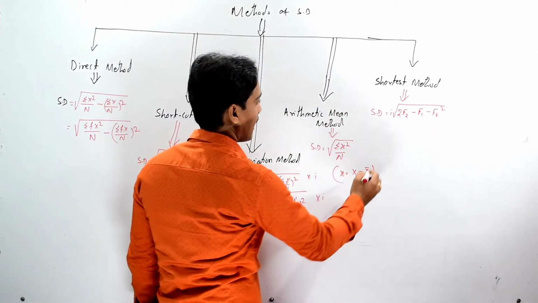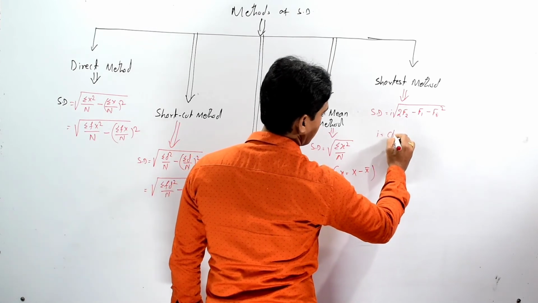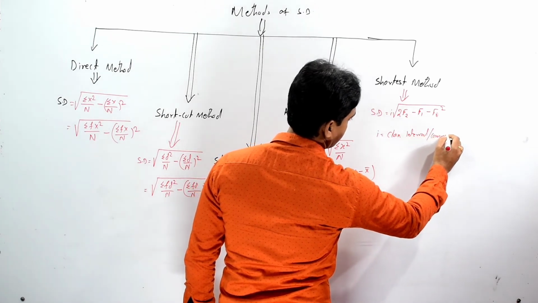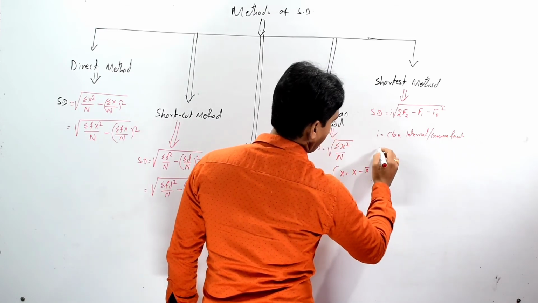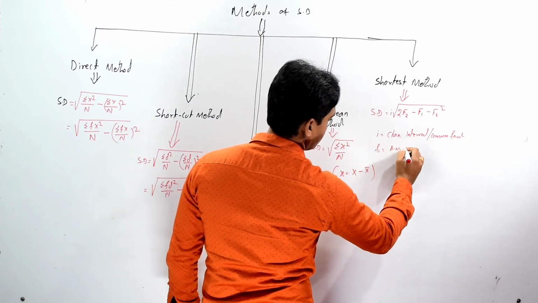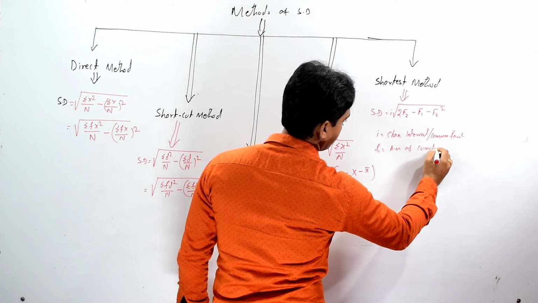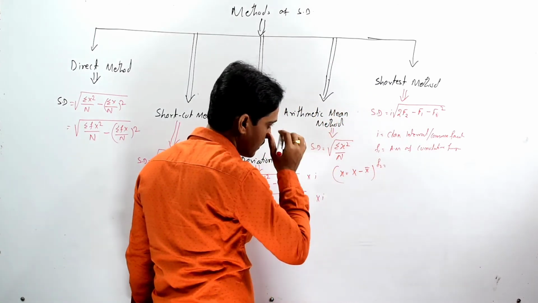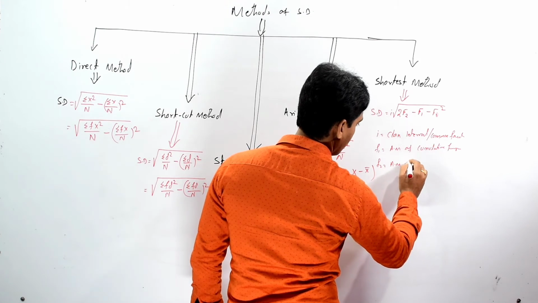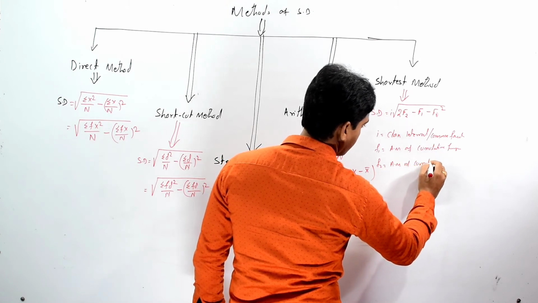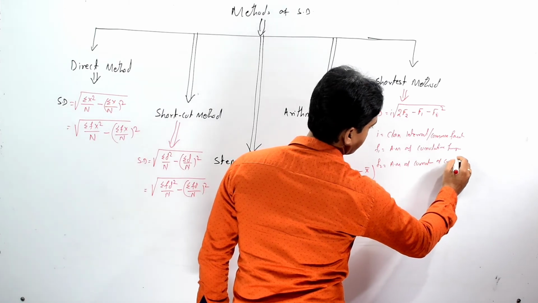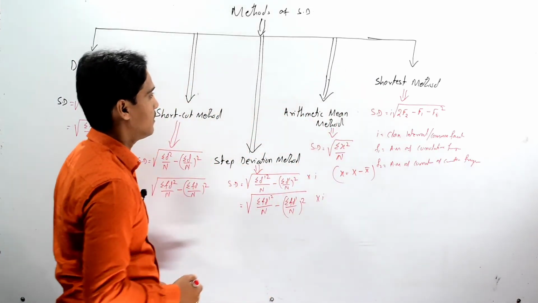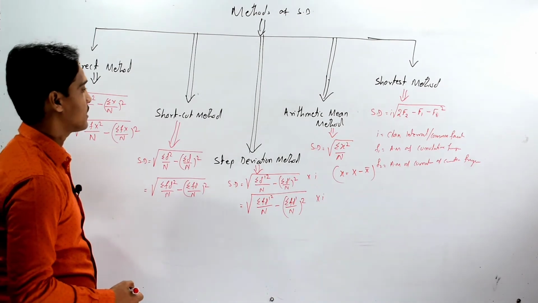So here I is the class interval or common factor, and f1 is the arithmetic mean of cumulative frequencies, and f2 is the arithmetic mean of cumulative frequencies. So these are the rules of our standard deviations.